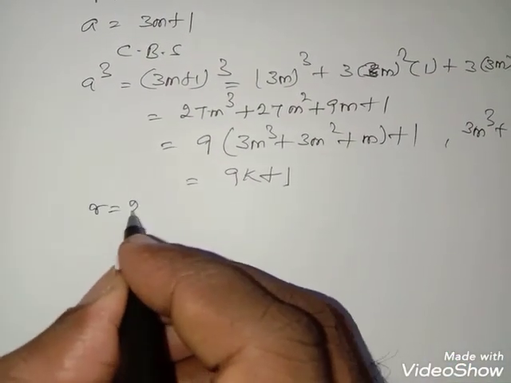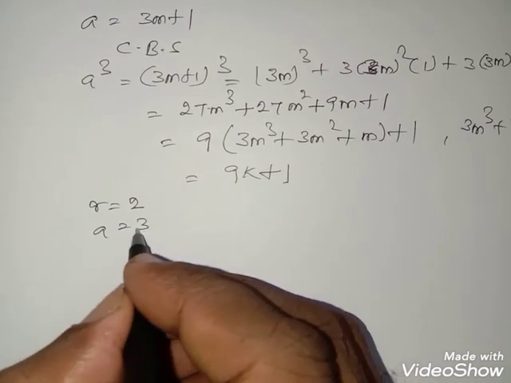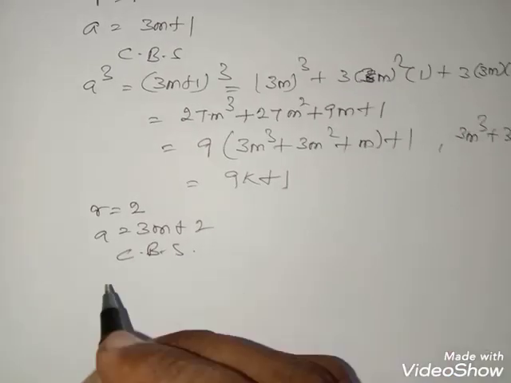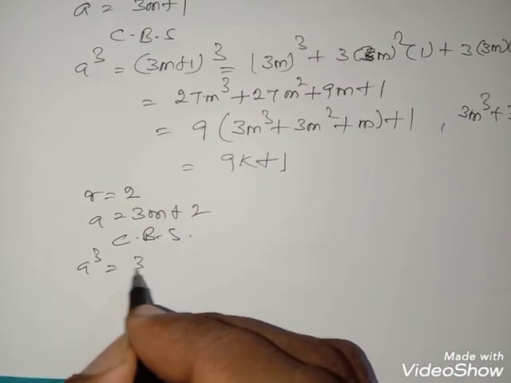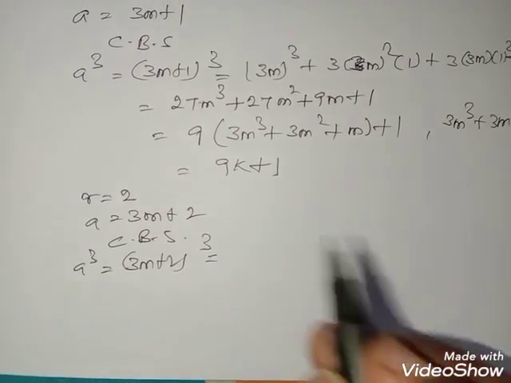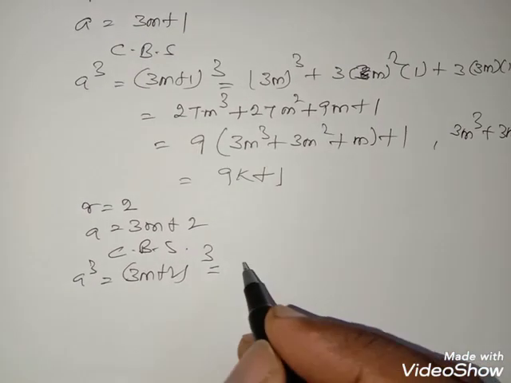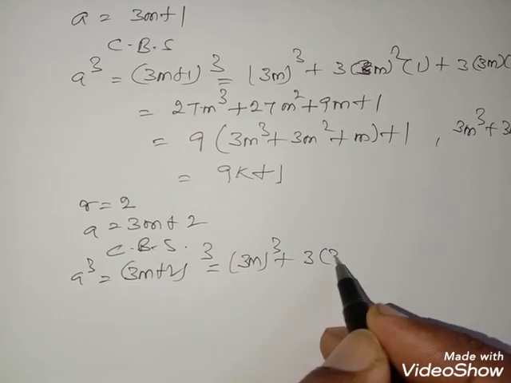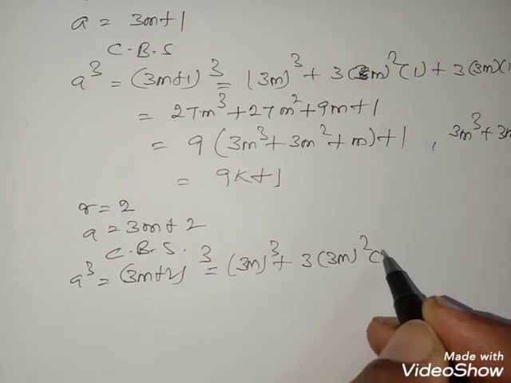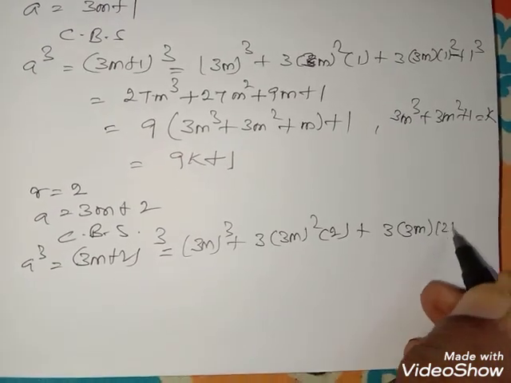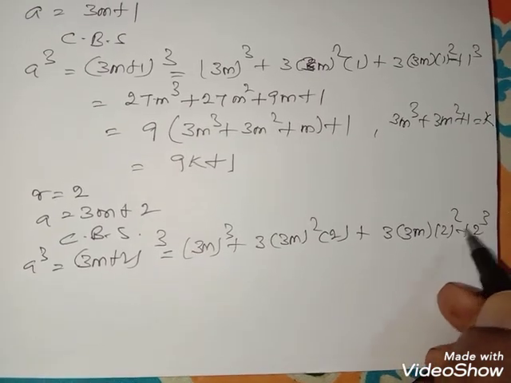Now substitute r is equal to 2, that is a is equal to 3m plus 2. Now cubing on both sides, you'll get a cube is equal to 3m plus 2 whole cube. Now if I expand this as per the formula of a plus b whole cube, you'll get a cube plus 3 into a square into b plus 3 into a into b square plus b cube.